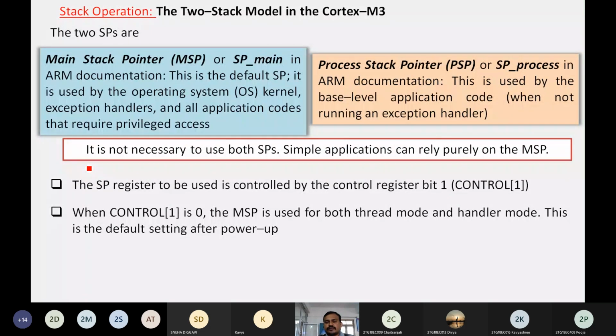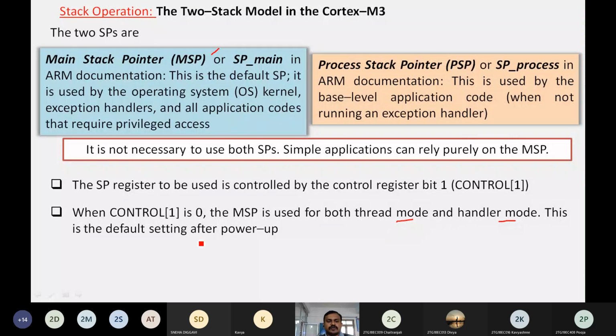What are these modes of operation with respect to Cortex? We will discuss that in the next slide. Meanwhile, we just have an introduction: it has thread mode and handler mode. Here the MSP, the main stack pointer, which is the default stack pointer, is used for both modes, thread mode as well as handler mode.